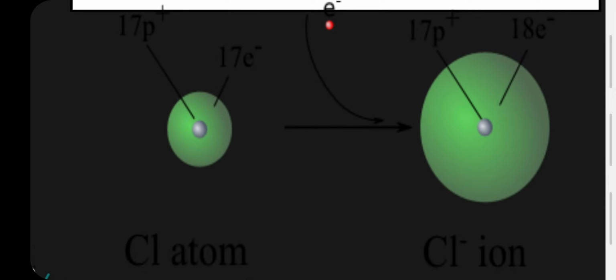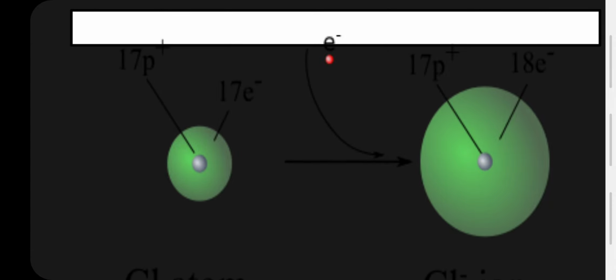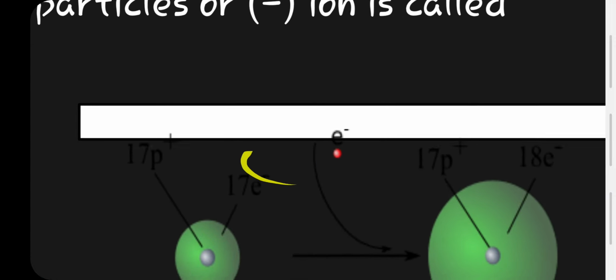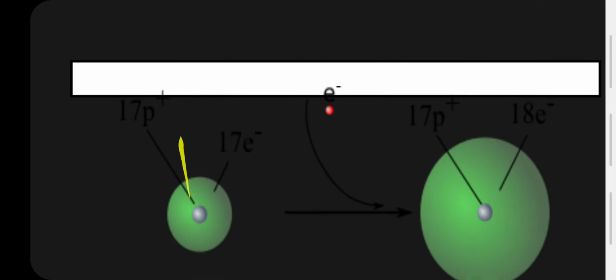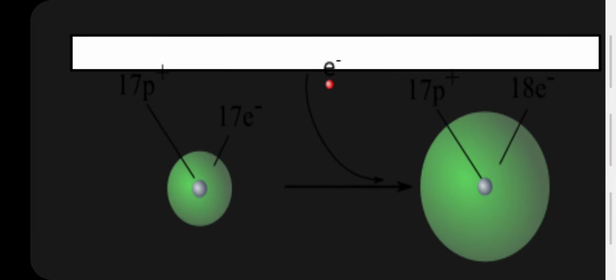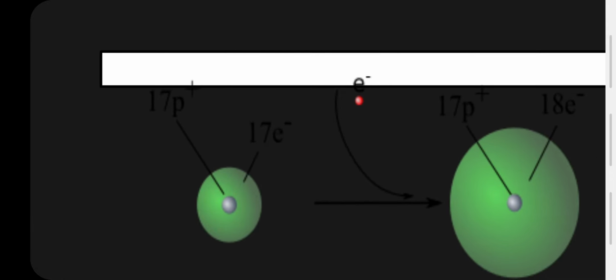In the chlorine negative ion, we have 17 protons and 18 electrons, since the atom gains an extra electron, making it negative.